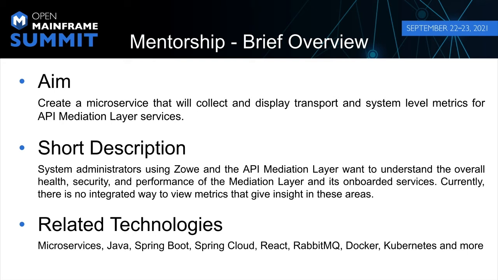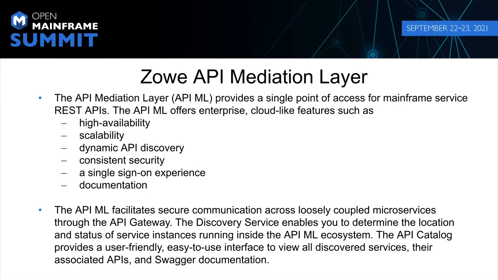Currently, there is no integrated way to view metrics that give insight in these areas. The technologies related to this project are microservice architecture, Java, Spring Boot, Spring Cloud, React, RabbitMQ, Docker, Kubernetes, and more. Let's dive deeper into what the Zowe API Mediation Layer is about.